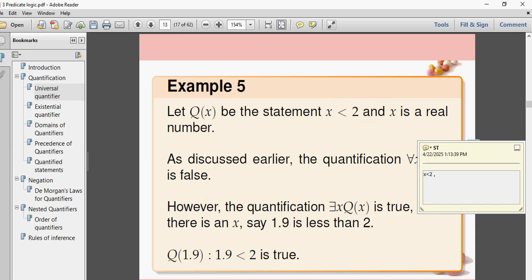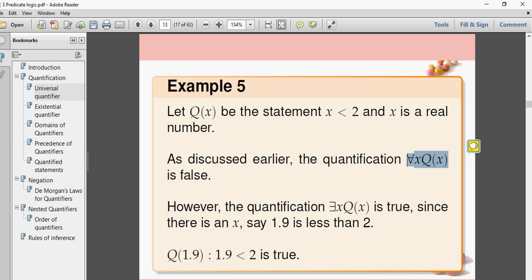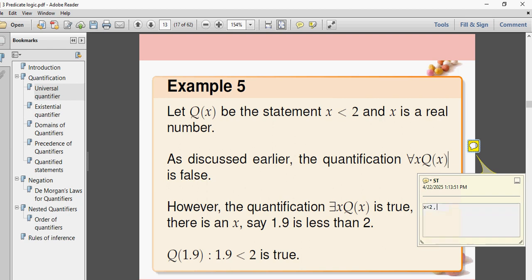For the universal quantifier, for all, if I need to check for each x, Q(x) is false, because at least I have one. If x equals 4, the statement will be false. But at least I have one.